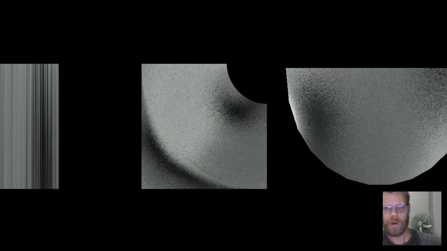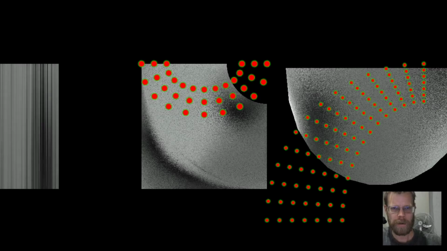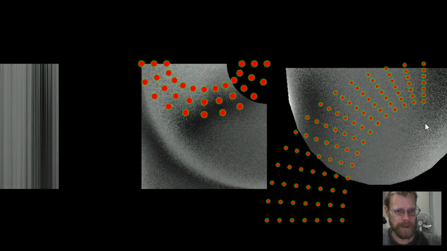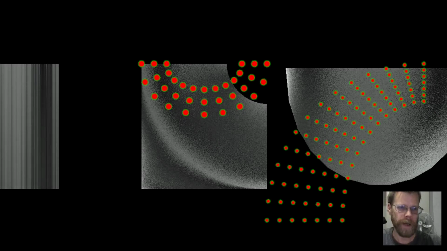Oh, and there's some very basic tests in here as well. I think I showed these in something before. These are just to make sure the shapes are following some pattern.